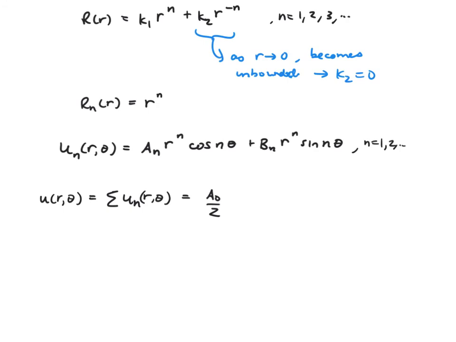I'll call it a0 over 2, so introducing that coefficient form there. I have the sum n equals 1 to infinity r to the n, and then this an cos n theta plus bn sine n theta.